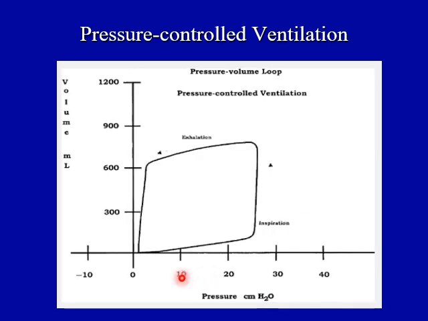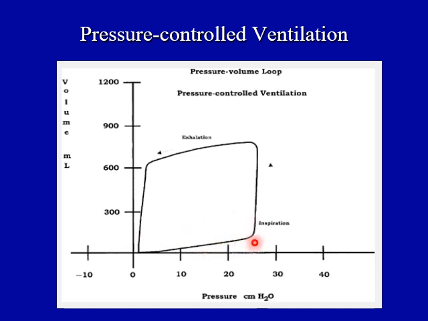In this pressure volume loop, with a rapid increase in pressure, the increase in volume is very little. The pressure is rising from around 1 or 2 centimeters to 25 centimeters of water, but the volume change is only minimal.